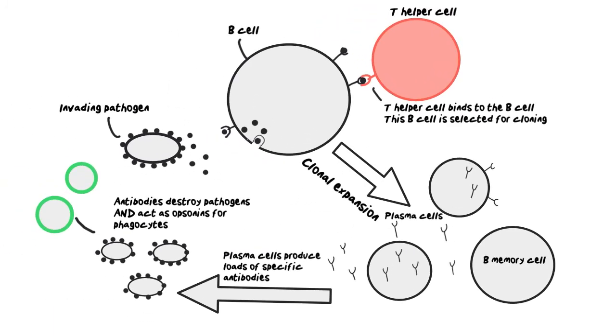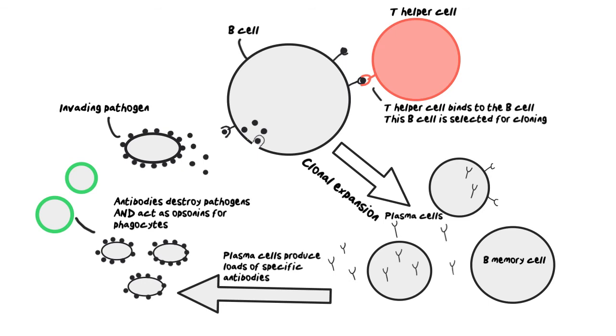So the cells produced we call plasma cells. These cells produce the specific antibodies. So they're cloned from the correct B lymphocyte with the correct antibodies. Therefore, they'll be creating the correct antibodies to deal with more of these pathogens that are in the body. The plasma cells produce the specific antibodies, and they have two functions.